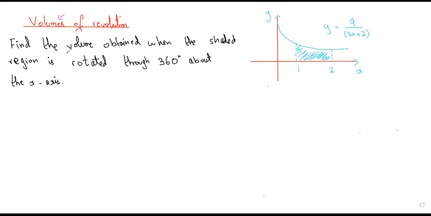You need to find the volume, and you'll see how to use integration for such questions. Here the question is not about the area, it is about the volume, but we are going to modify the integral and then find the volume.